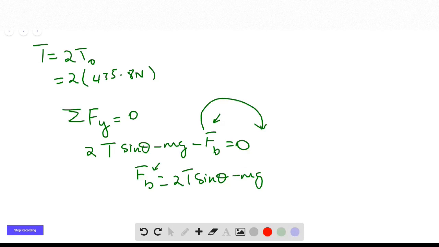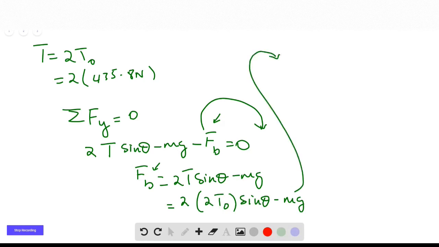And so T is twice T naught, so 2 T naught sine theta minus mg, and this becomes twice times 435.8 newtons.